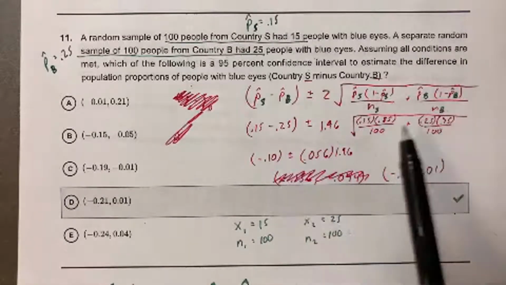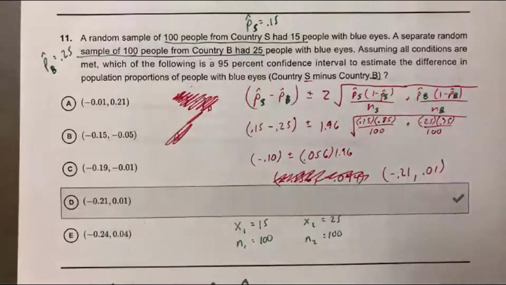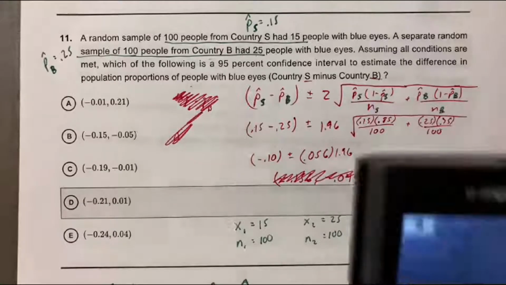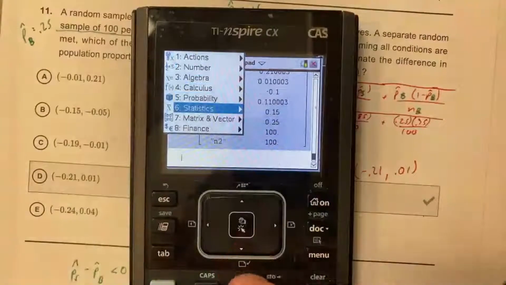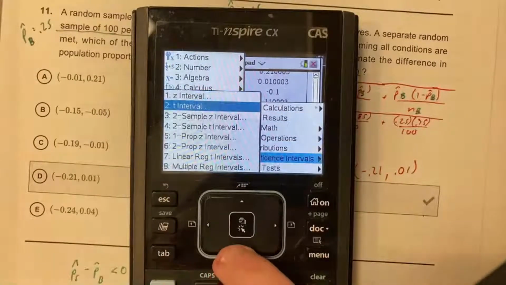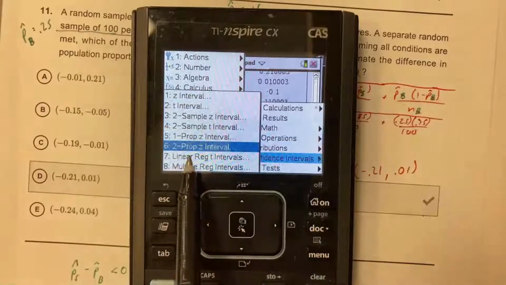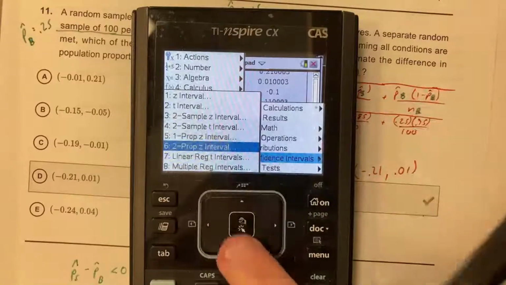And you plug it in, you do all your work, you get this value, which is D. The other option, so that you don't have to do work and save yourself some time, is that you get your calculator out and you do confidence intervals, 2 sample proportion Z interval. We'll get to T's in a little bit, 2 sample T interval. We will do those.